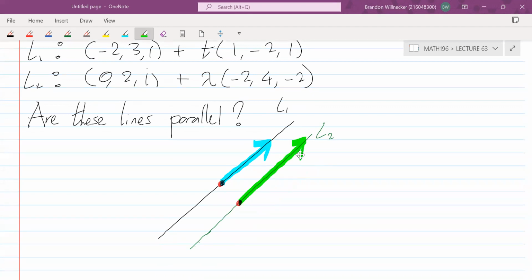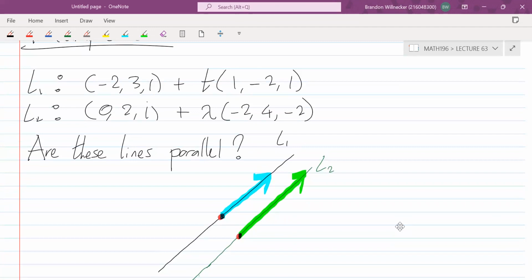Again, if we take multiples of that direction vector, we move up and down that line. So when would these two lines be parallel? Well, these two lines would be parallel when these two direction vectors are pointing in the same direction, because then the lines move along with each other.